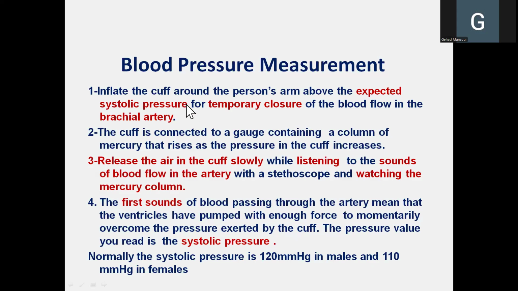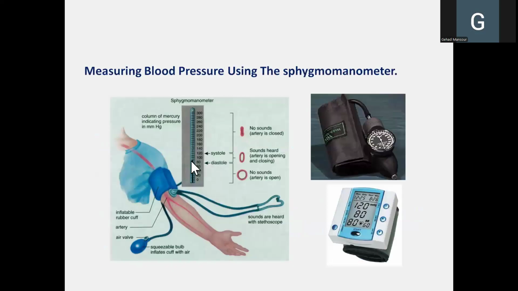So you raise it until you reach 160, which is 40 millimeters mercury above normal, which is 120.